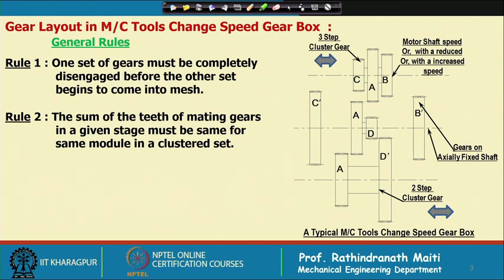This means that B dash can be put in place of D dash if required. Although they are in a cluster, possibly they can be replaced. So, interchangeability should be there. This is one important issue. Here I would like to remind that in case of general gearbox design, usually gears are subjected to very high torque. In case of machine tools, torque is not very high.